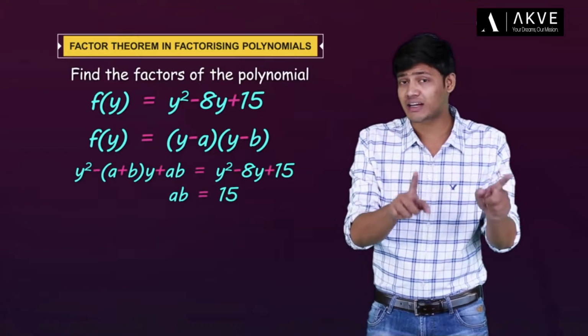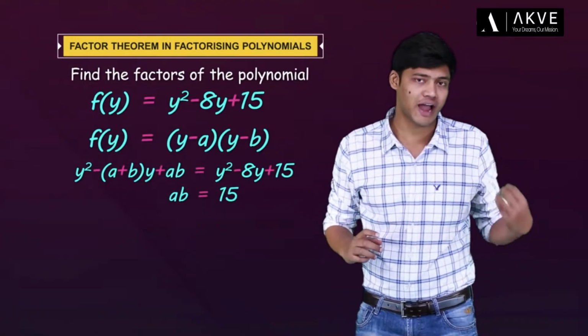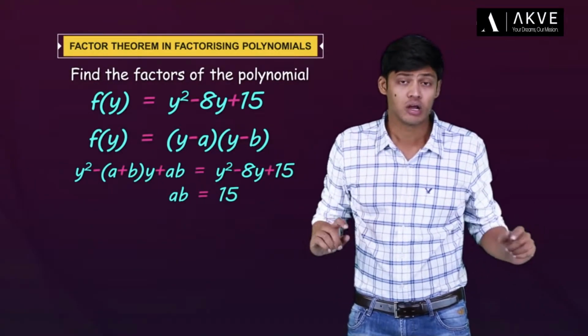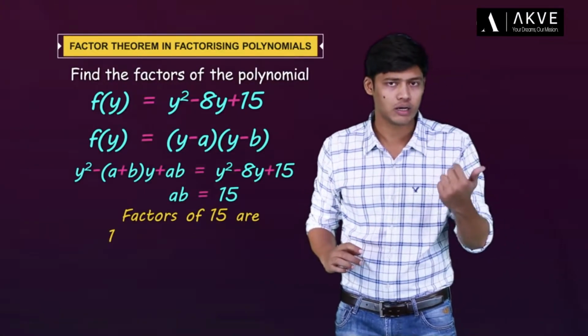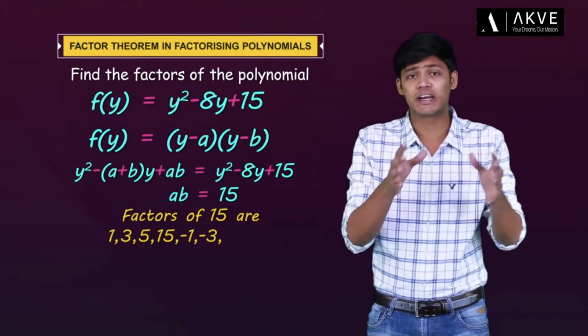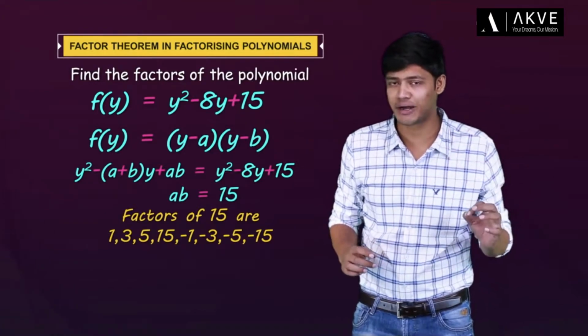To find the factors of the polynomial f of y, first we have to find the factors of the constant term, which is 15. Now we know that the factors of 15 are 1, 3, 5 and 15. Also their negatives, since they also exactly divide 15.